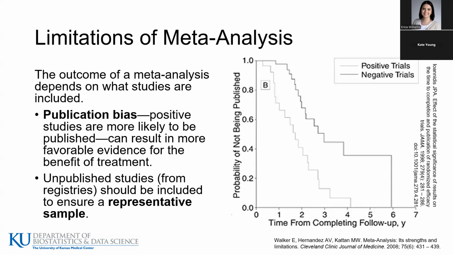So these searches are not necessarily going to be a representative sample of the whole population of studies that were conducted. And that's because some of those studies that may not have shown a positive result may not have been published, either because the researcher decided not to publish them, or the journals didn't accept them for publication.